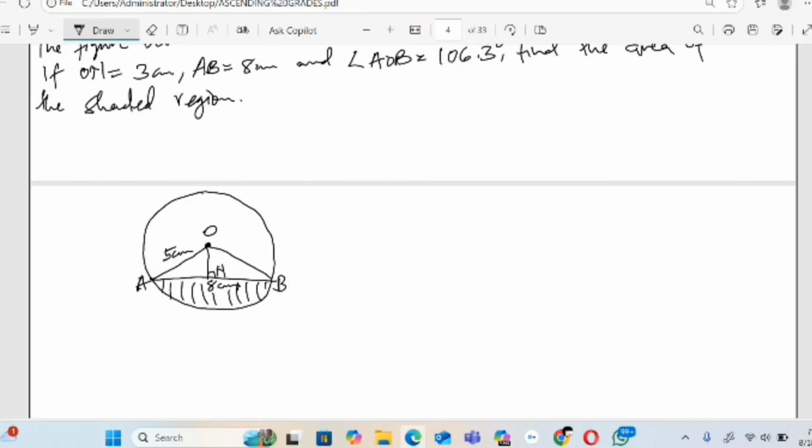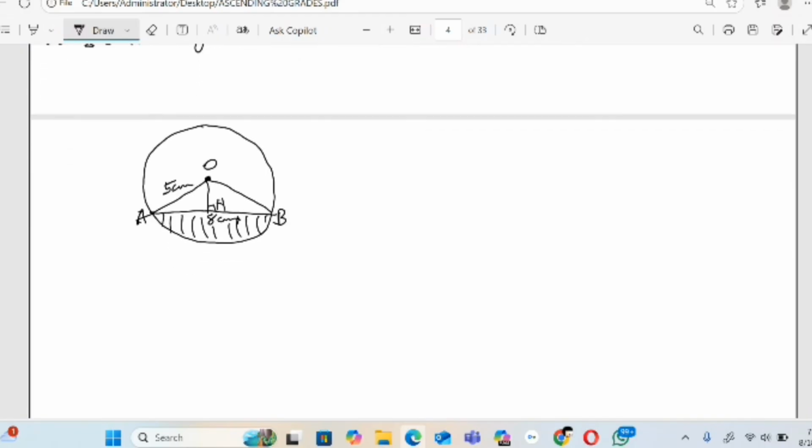So we are proceeding. So now the area of this segment, we said you take the area of the sector minus the area of the triangle. Area of segment is equal to area of sector minus area of triangle.